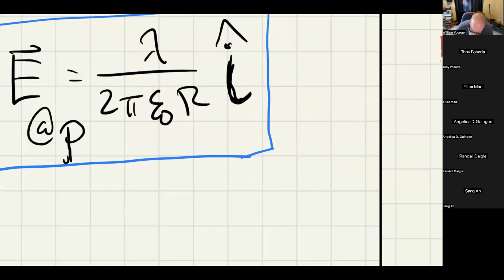I can rotate it and it'll still look the same. And what that tells us is that it has some kind of symmetry.